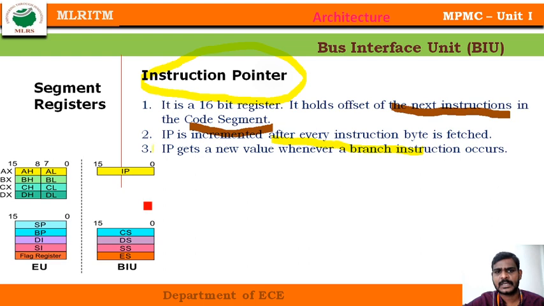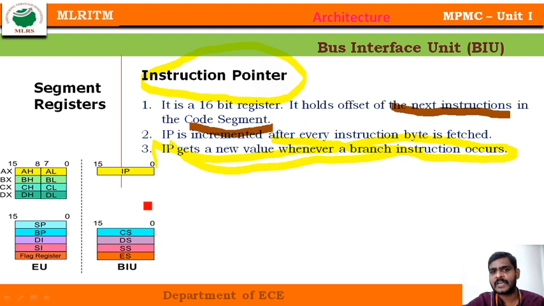What does it mean? The instruction pointer increases sequentially when I'm executing instructions. But when I execute a branch instruction, the instruction pointer gets a completely new address from the branch specified, which means it is not incremented.